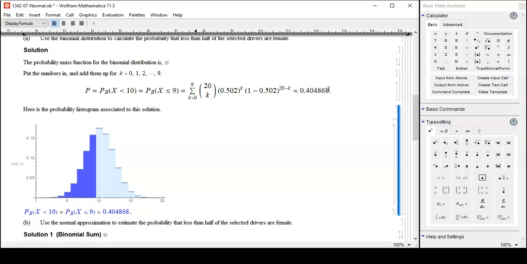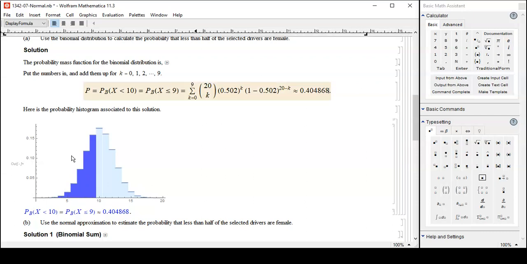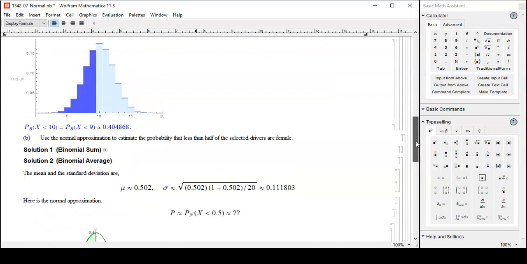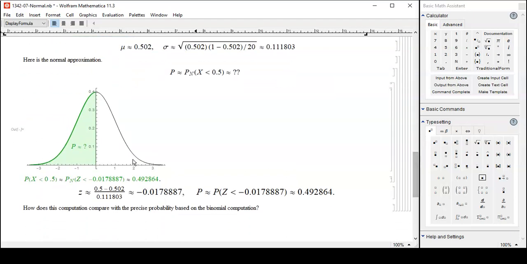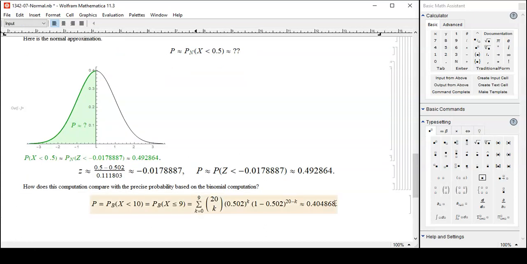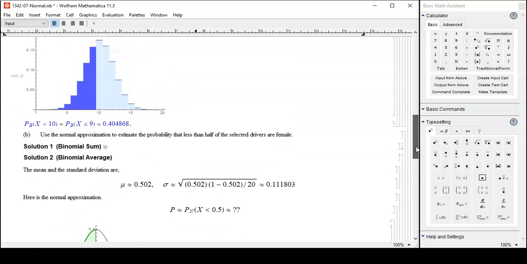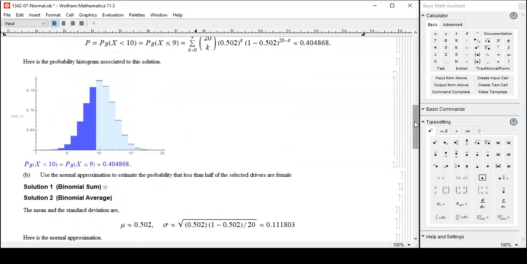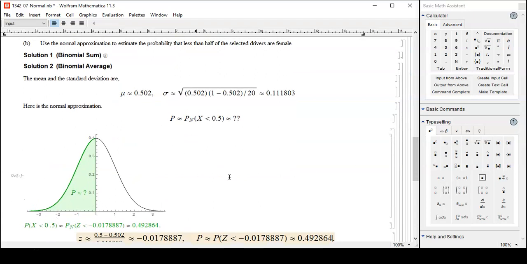So those parts add up to this. Compare this picture and that computation with this picture and this computation. So this value and that value, they don't resemble very much, and this picture versus that picture, not close.